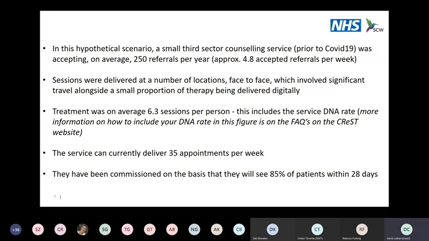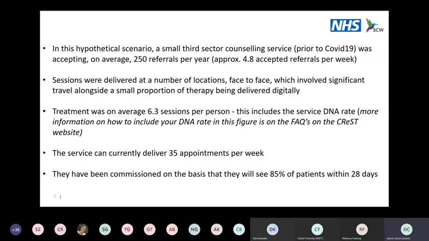The service is currently set up to deliver 35 appointments per week, and they've been commissioned on the basis that when a young person is referred into that service, 85% of them will be seen within 28 days of their referral. So that's a performance metric.